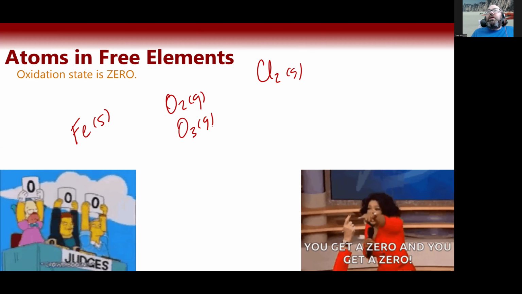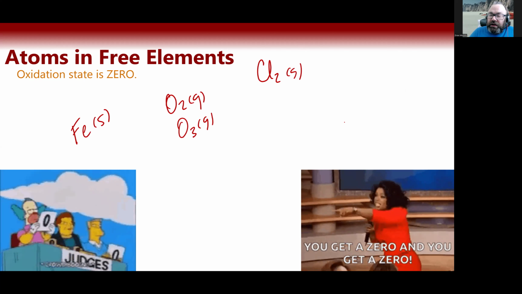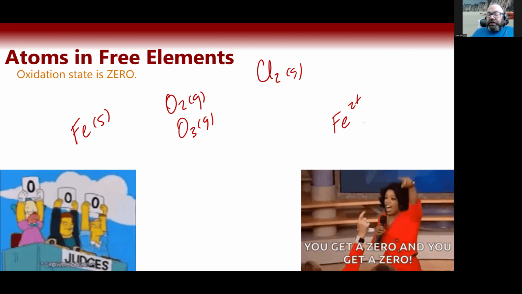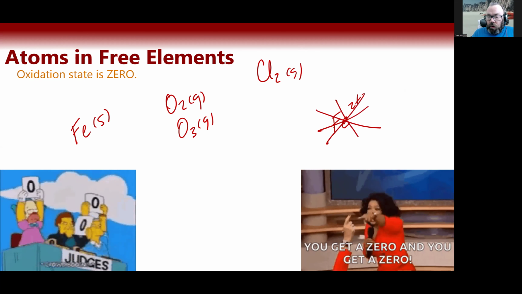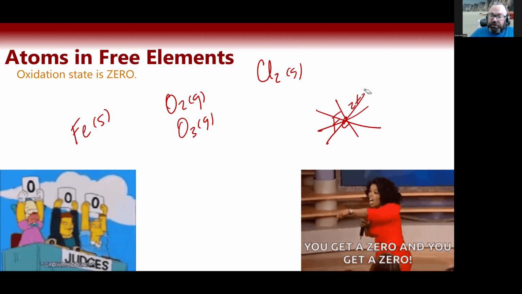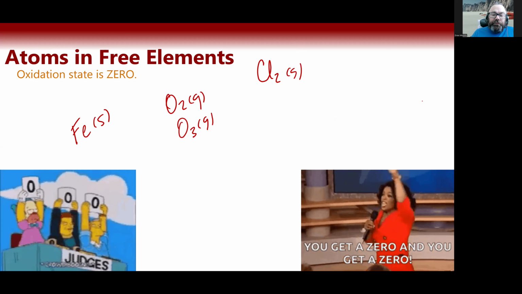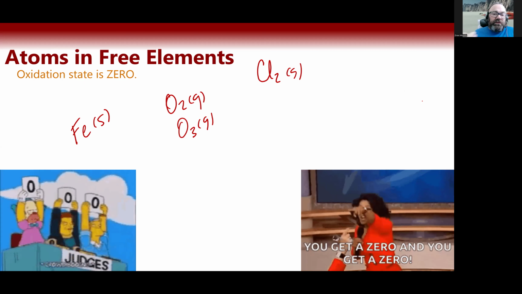So anything that's the element loose on its own. If it's something like iron 2 plus, this guy looks like an element loose on its own, but it's an ion, so not 0. Okay, I'm even going to erase this so we don't ever see it again. Okay, so any element loose on its own is 0. It doesn't matter what the element is as long as it's just the free element on its own.